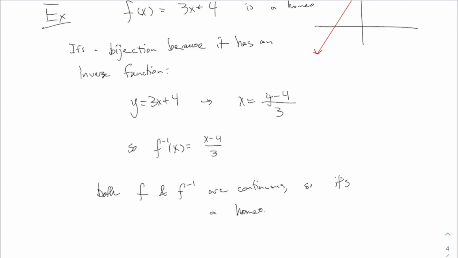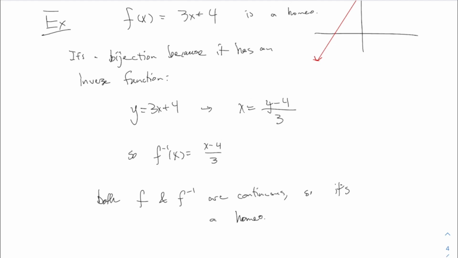I will often just write homeo. I did it at the top too. Is a homeo. All right, this is not a terribly interesting example. Usually in topology, you talk about a homeomorphism so that you can say the two sets are the same topologically.